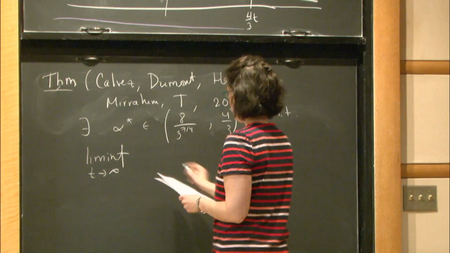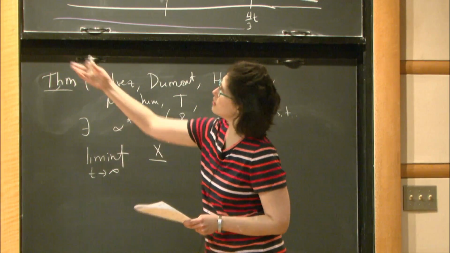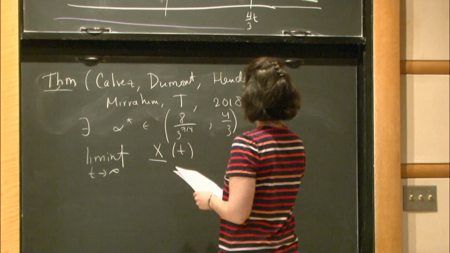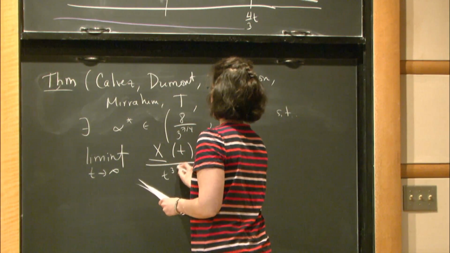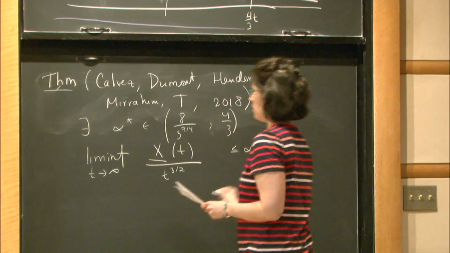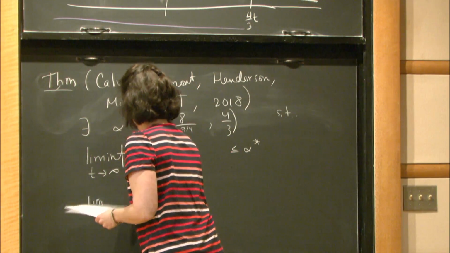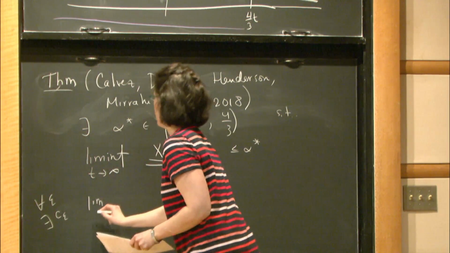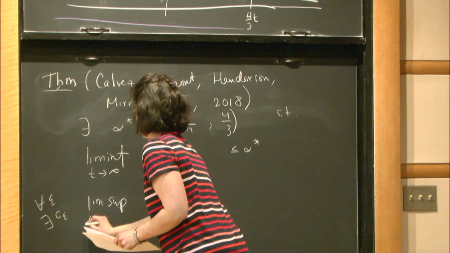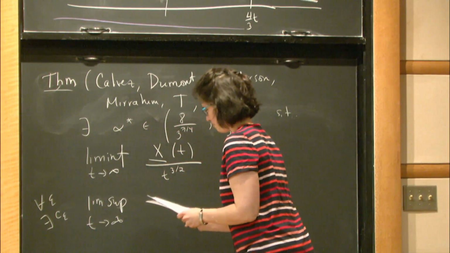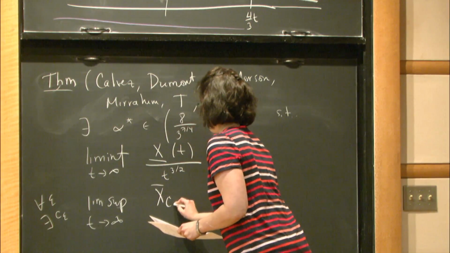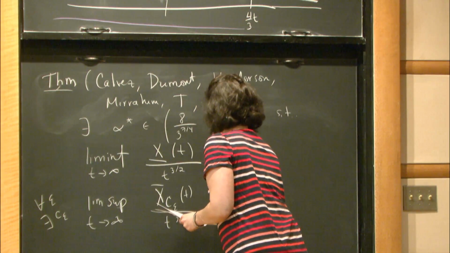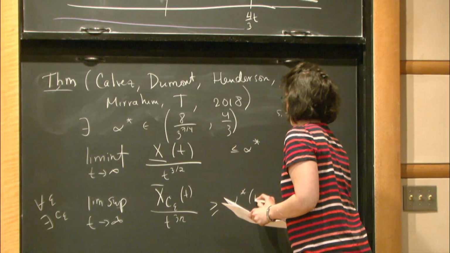I'll write it down, so that this x lower bar is at most as far as t to the 3/2 alpha star. And so for all epsilon, there's a c epsilon such that the lim sup as t goes to infinity of the upper guy is bigger than alpha star times 1 minus epsilon.